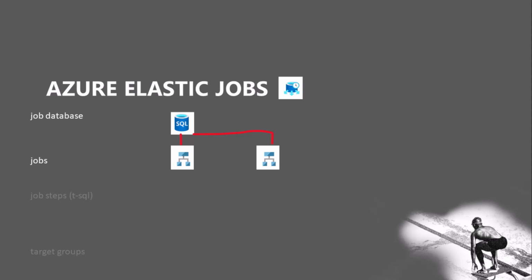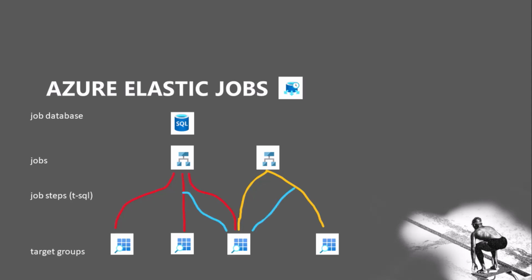And the jobs, as mentioned, can have multiple steps, and each step will execute T-SQL. And every step can go to a different target group. So we can have a target group that has two separate job steps from different jobs executing against that.